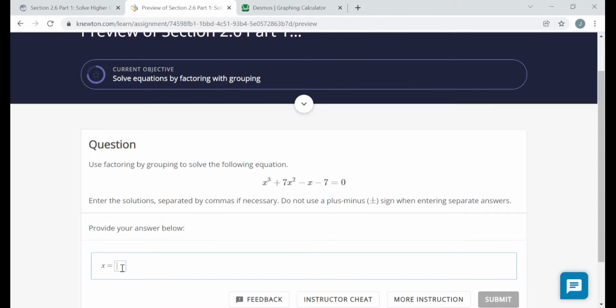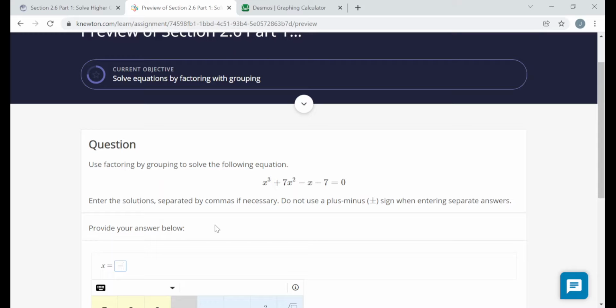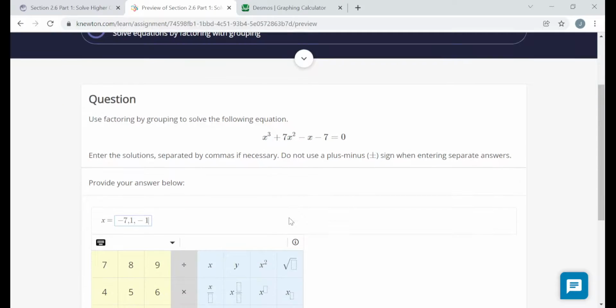So x plus 7 is a factor, meaning negative 7 would be a solution. And then you'd have, if you pull out x plus 7, you'd have x squared minus 1, which is x minus 1 times x plus 1. So 1 and negative 1 would also be solutions. Right? If you have a product equal to 0 and you know the factors, you can state the solutions.